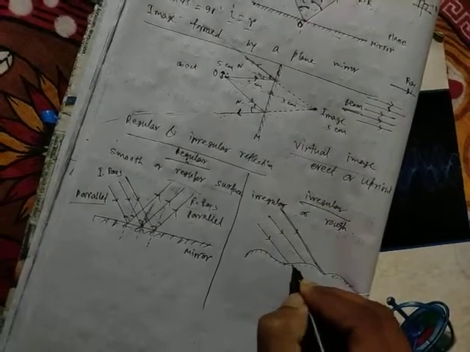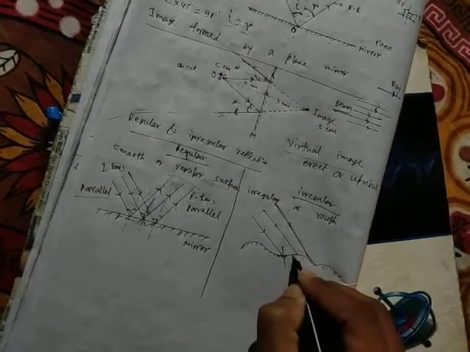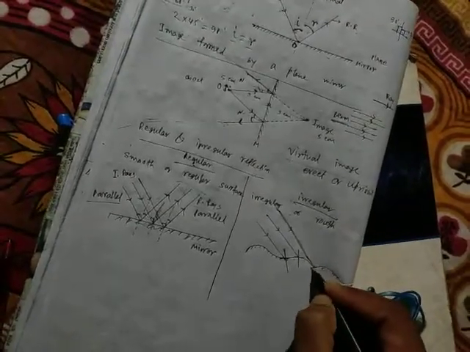So this is the surface, and this is the normal. For this case, this is the surface and this is the normal.